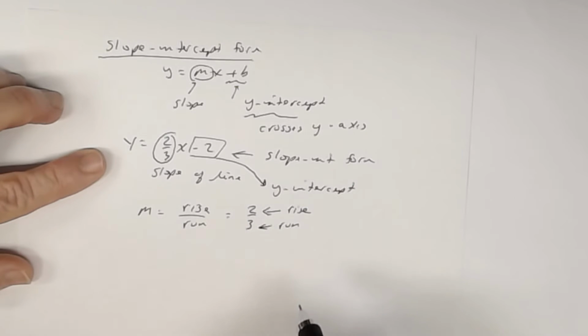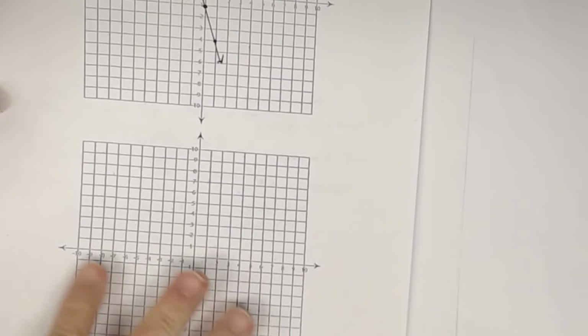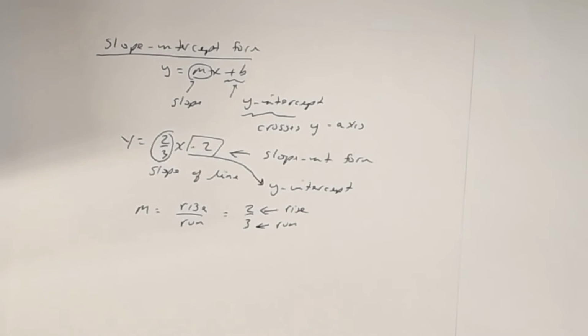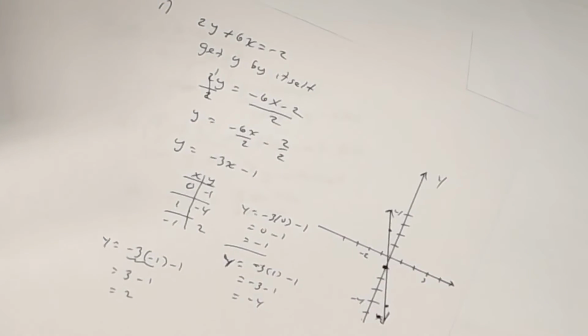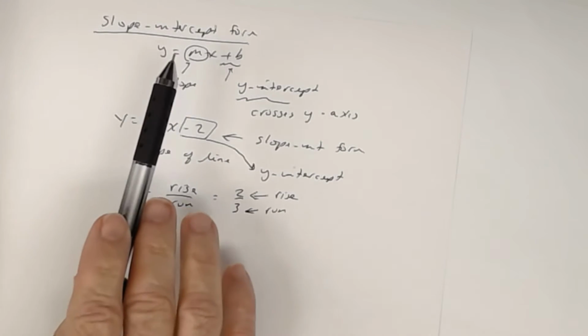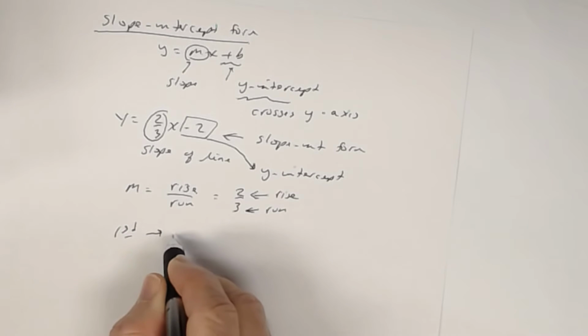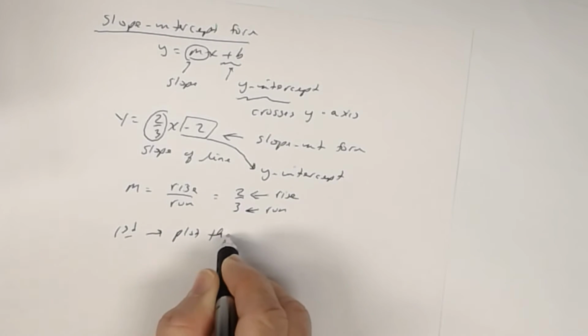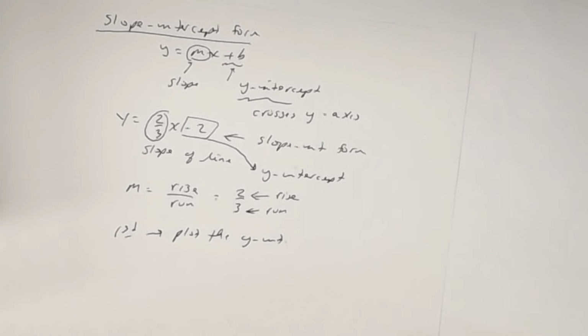Rise over run. And so if I were to use a grid, I'm going to use this grid here rather than something we draw by hand. Whenever you're graphing a line using slope-intercept, the first thing you're going to do is plot the y-intercept.